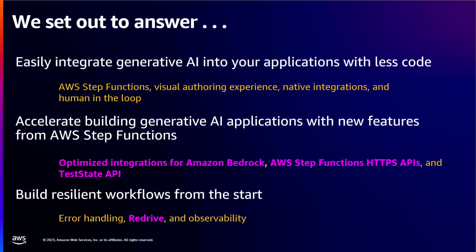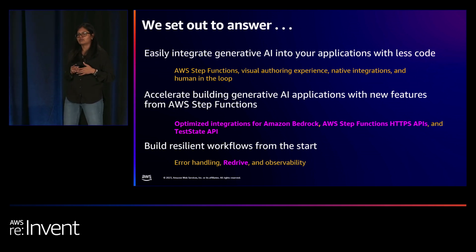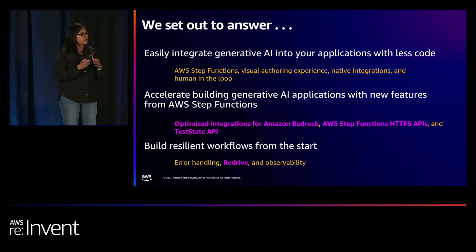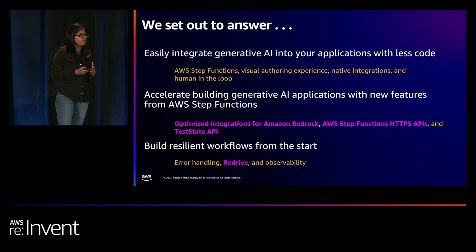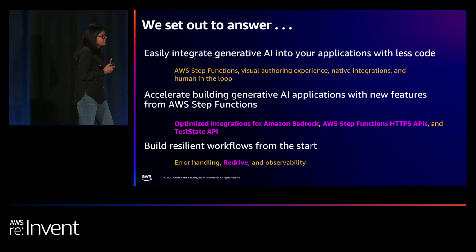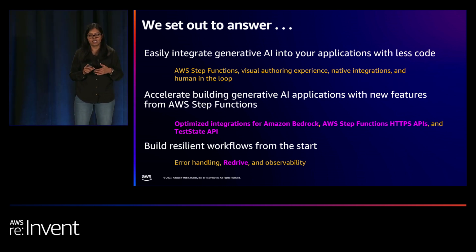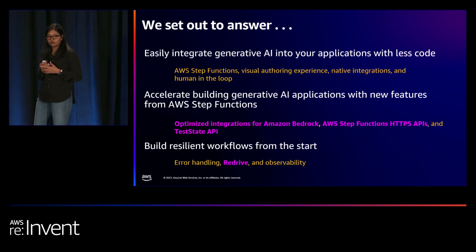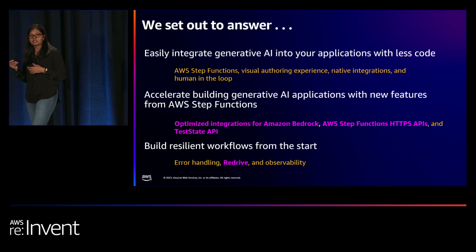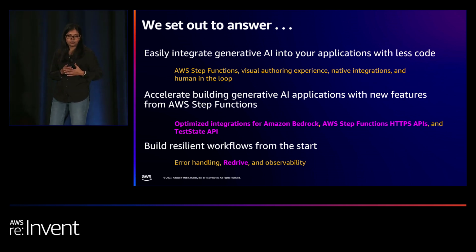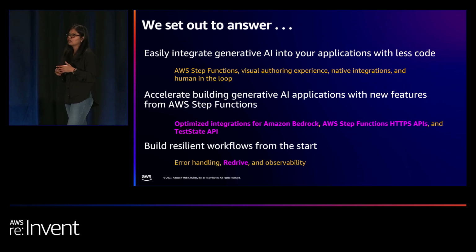So we set out initially to answer a few questions for you. And we showed you how you can integrate Step Functions to build any application, not just generative AI applications, with minimal code. We showed you some of the features of Step Functions, visual authoring experience, native integrations, and human in the loop.